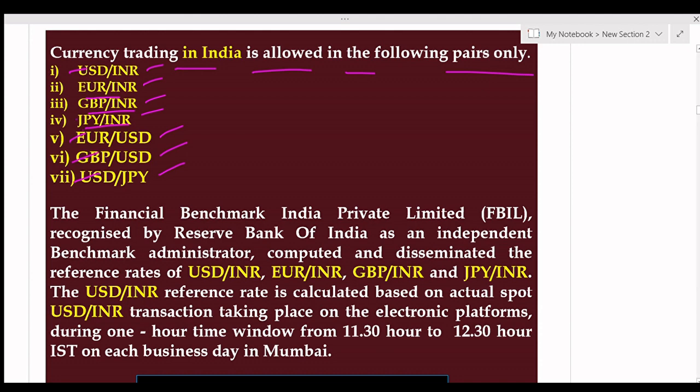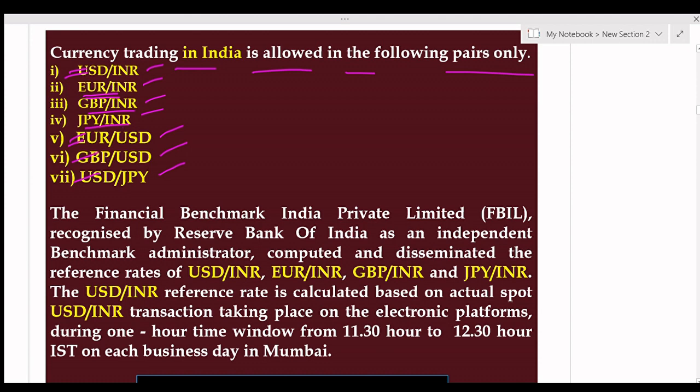If you want to find the rate EUR/INR, you take 2 rates, USD/INR and EUR/USD. You multiply these 2 rates and you get EUR/INR. In the multiplication, USD is cancelled, and EUR/INR remains.